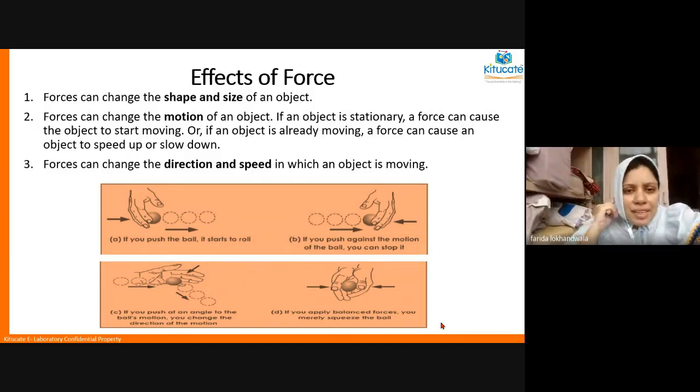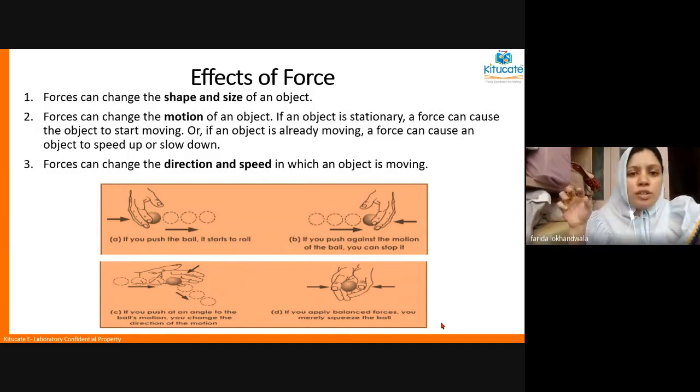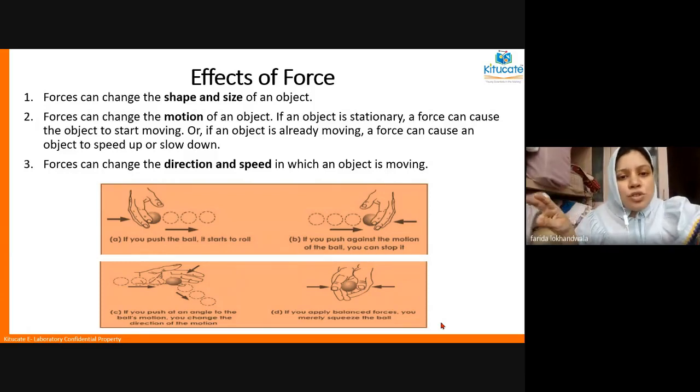Very simple example: if your scooter has just started, from rest you're bringing it in motion. The second thing, if your scooter was moving and you are stopping it, you brought it from motion into rest.